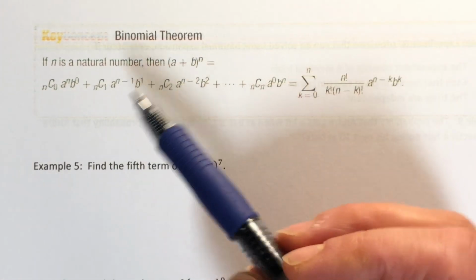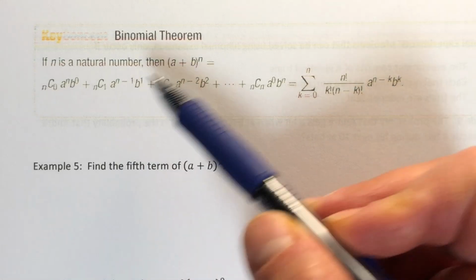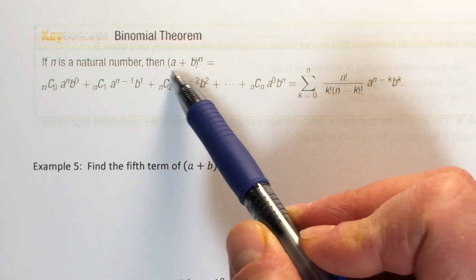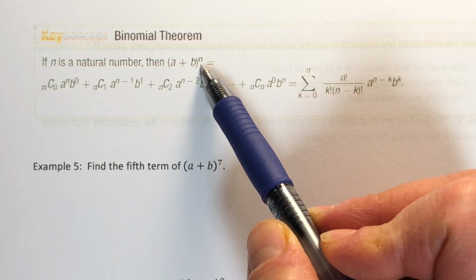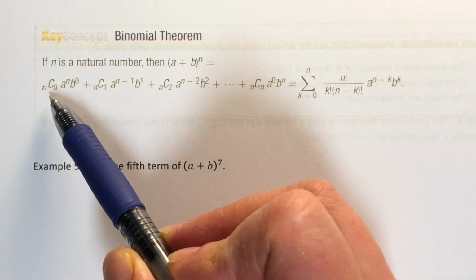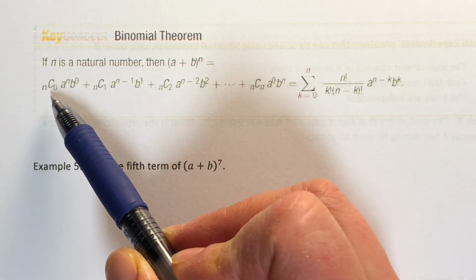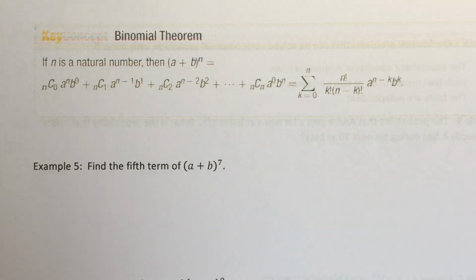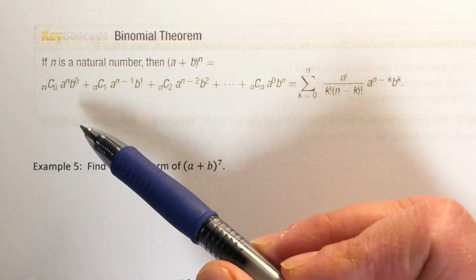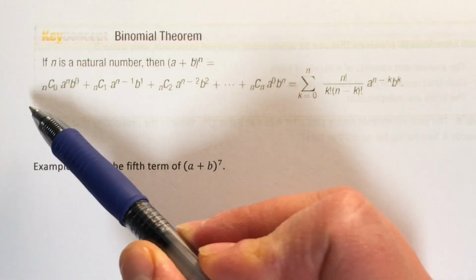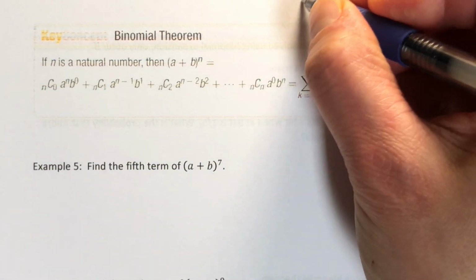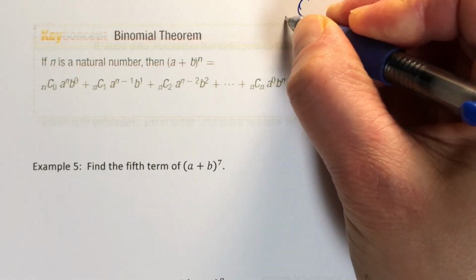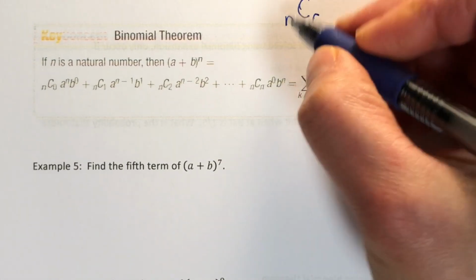So if n is a natural number, then if you have a binomial a plus b and you are raising it to the n power, you will have the combination. At some point in your lives, you've done combinations, but I don't know if you remember or not. I will write that definition in a second.